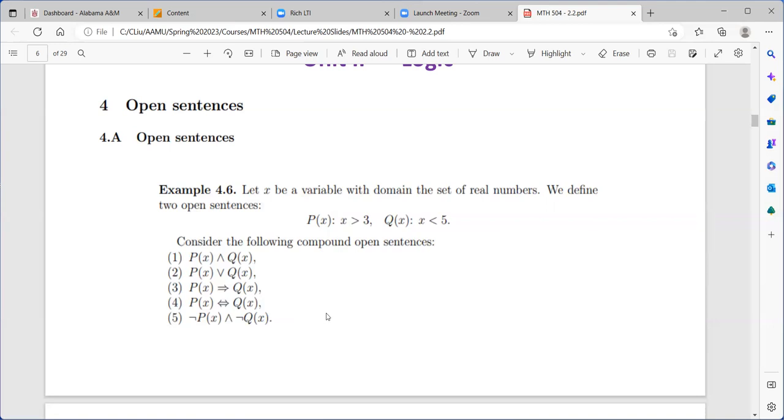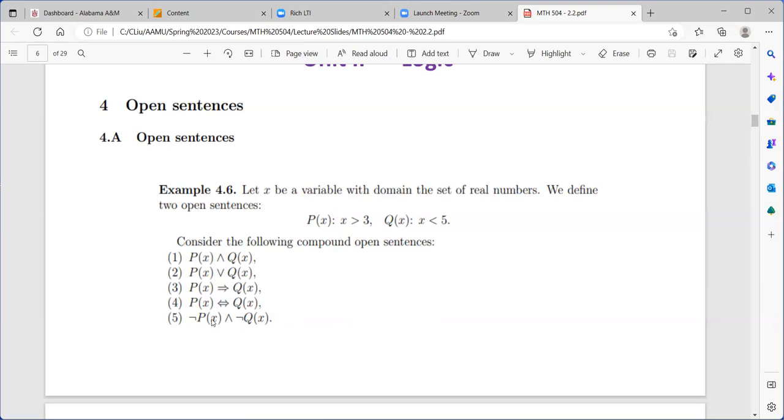And again, you can easily draw the number lines for these two intervals, and you find there's no intersection between them. So there's no value of x which makes the open statement true.